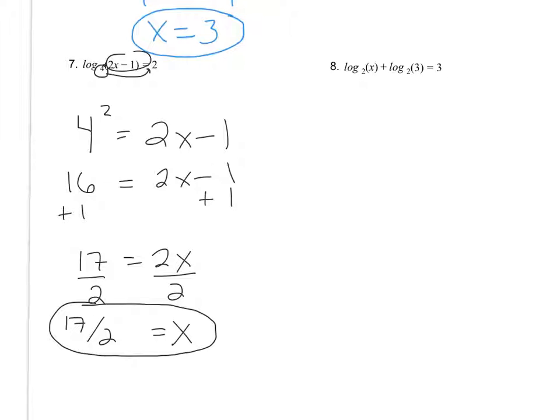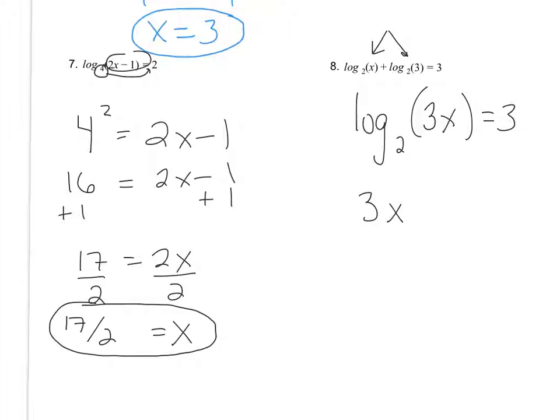Okay, let's look at number 8. Now in this case we have 2 logs added equal to a number. But if you recall, when you have 2 logs that are added together, we can make this 1 log by using our property that says 2 logs added together is just the product of the 2 things in the log. So I just multiplied x and 3, got 3x. So we have log base 2 of 3x equals 3.